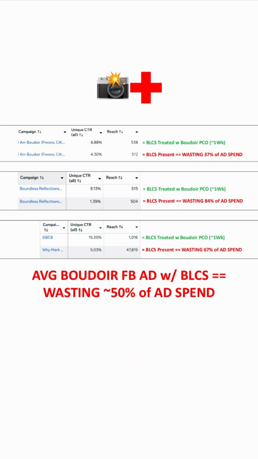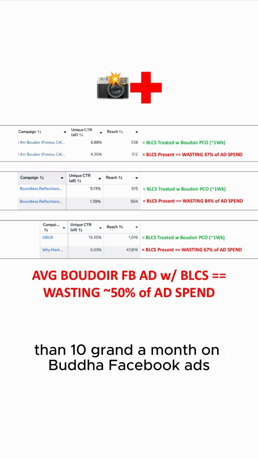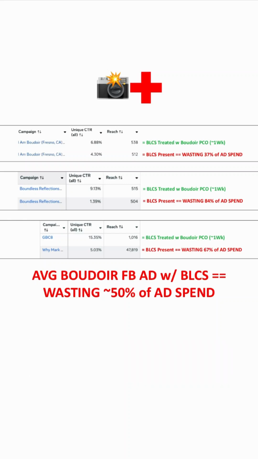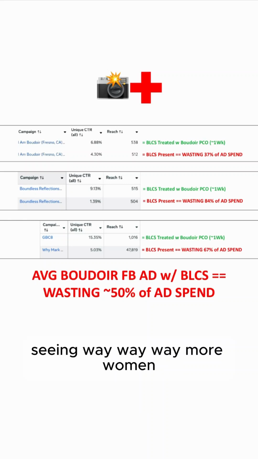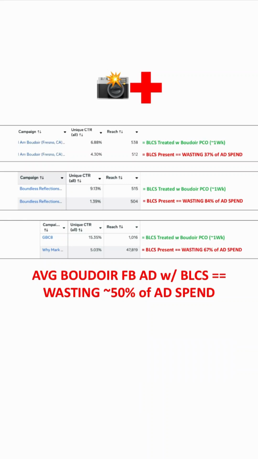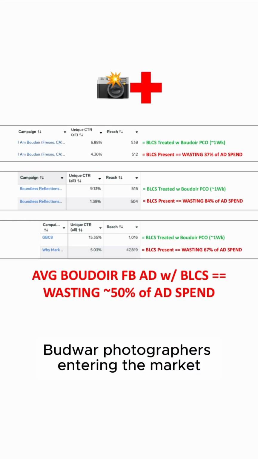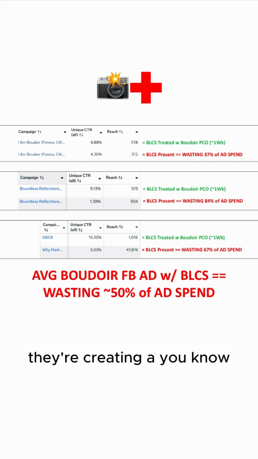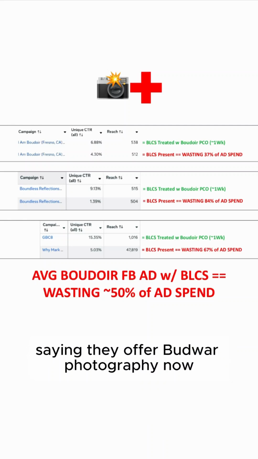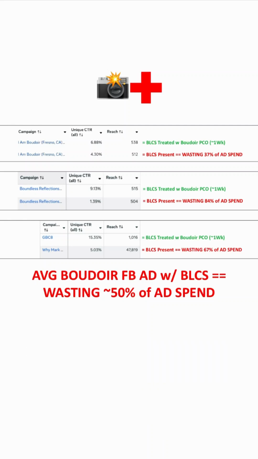and you're spending more than 10 grand a month on boudoir Facebook ads, and you actually are looking at the marketplace, seeing way more boudoir photographers entering the market. It seems like anytime anyone gets a new iPhone, they're creating a Google My Business profile saying they offer boudoir photography now.